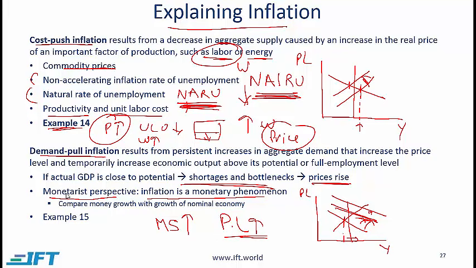As analysts, if we believe in this theory, then we can compare growth in money with the growth of the nominal economy. If the growth in money is higher, then we can expect inflation. Now I want you to read example 15, which talks about the velocity of money.